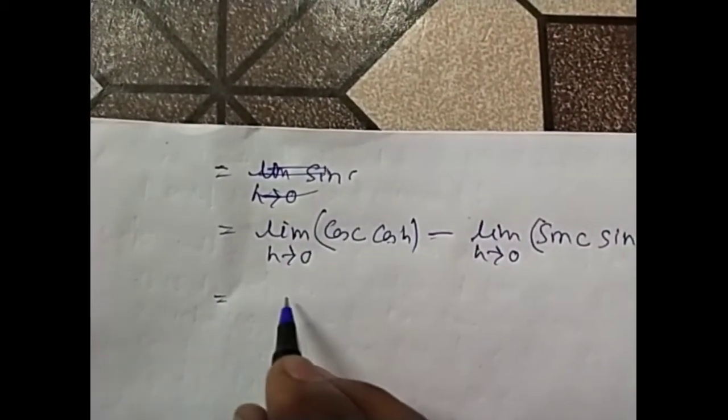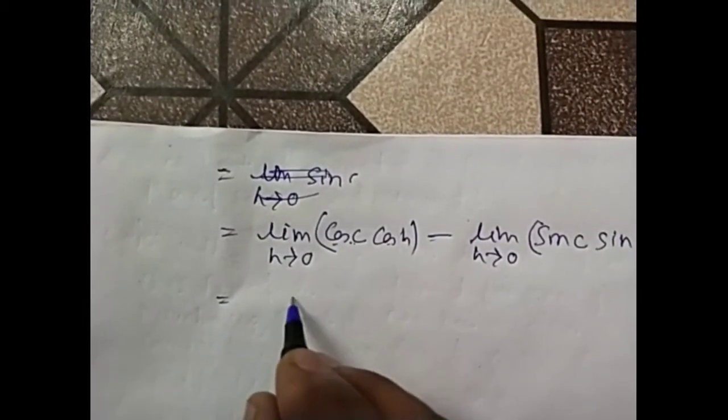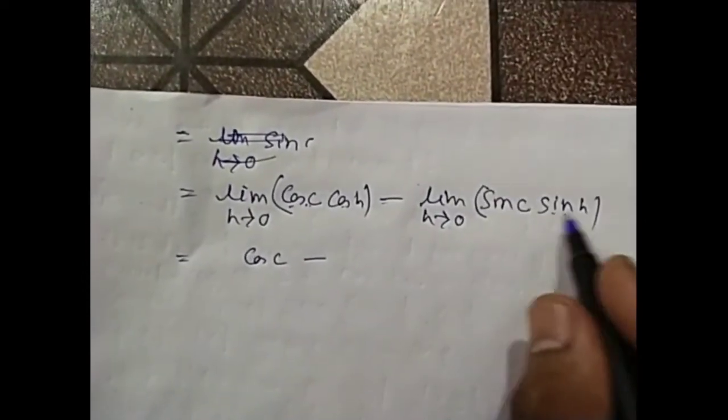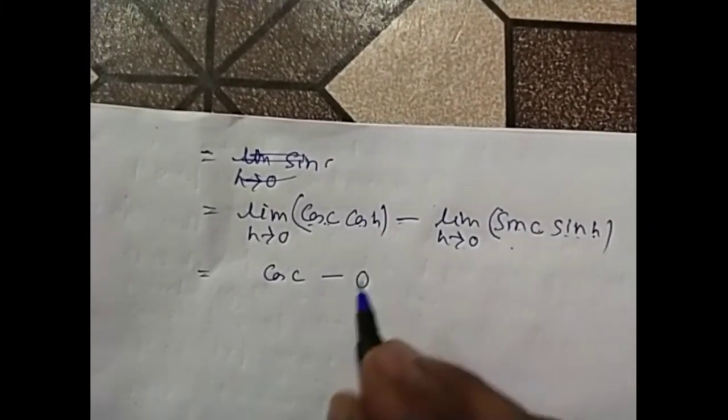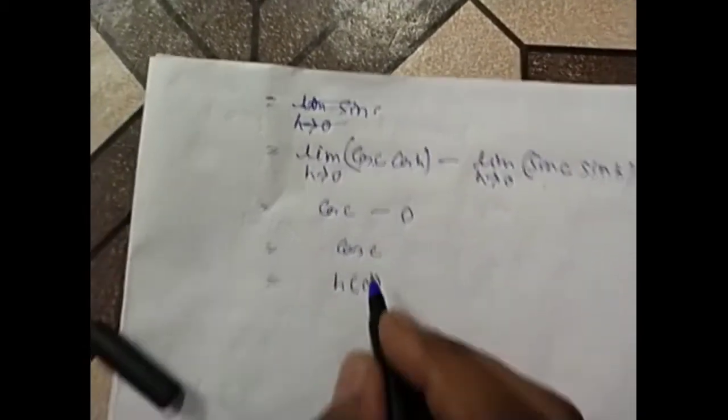Now putting the limit, cos 0 is equal to 1, and cos c is a constant, so you will get cos c only, minus sin c into sin 0, which is 0. So it is equal to cos of c. And what is cos of c? This is h of c.